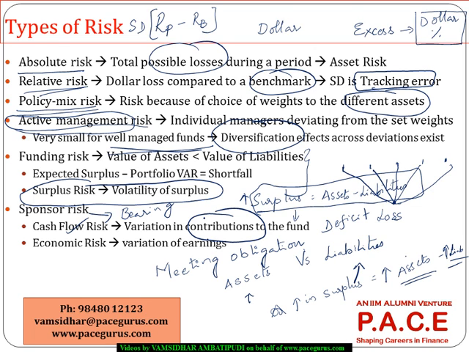So what we will do is we'll take up a small numerical to try to understand how we compute the surplus at risk, and how do I typically look out for a risk profile that is associated with a fund. All right.